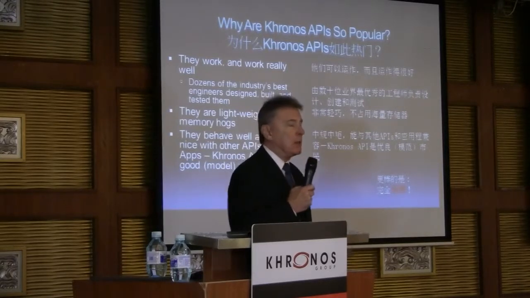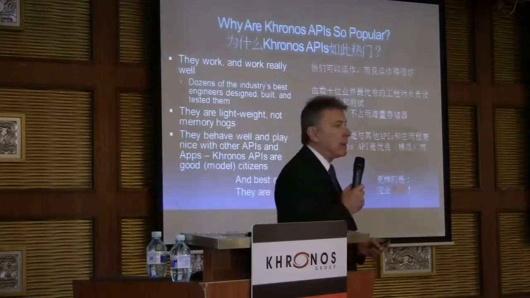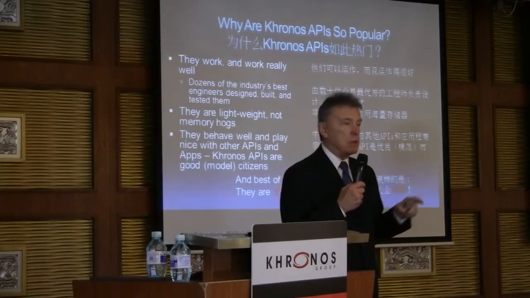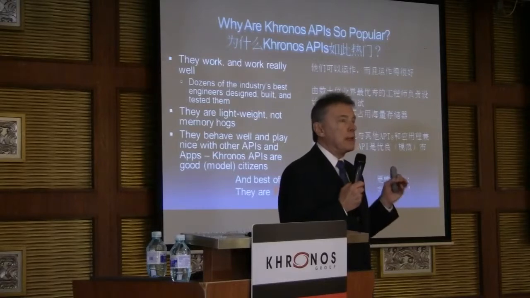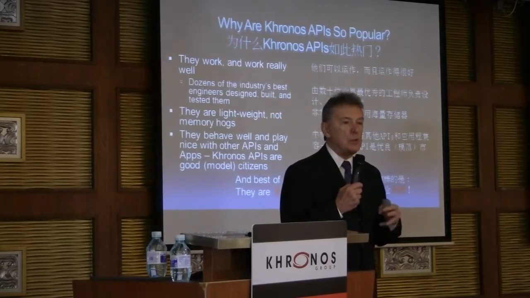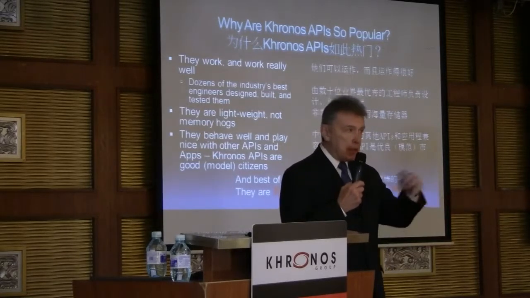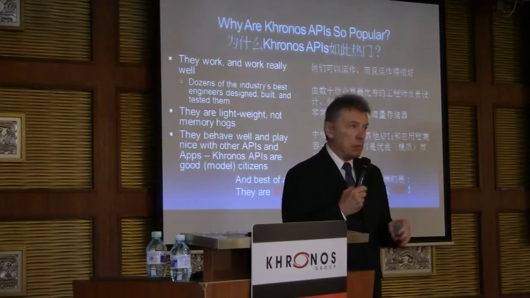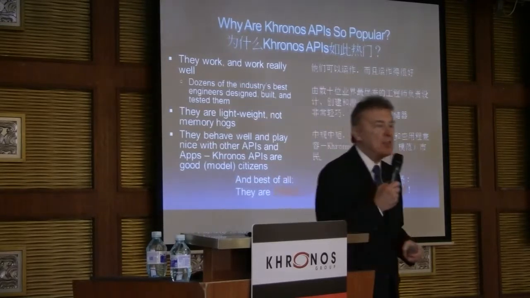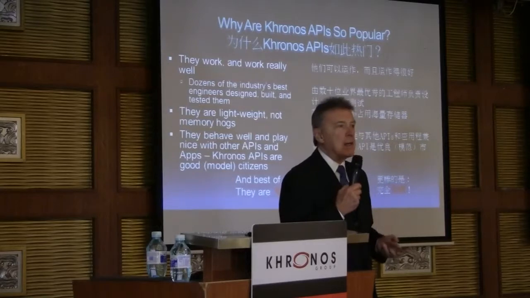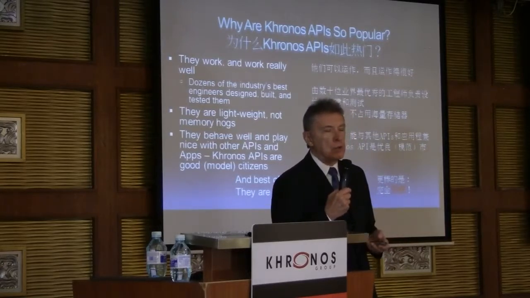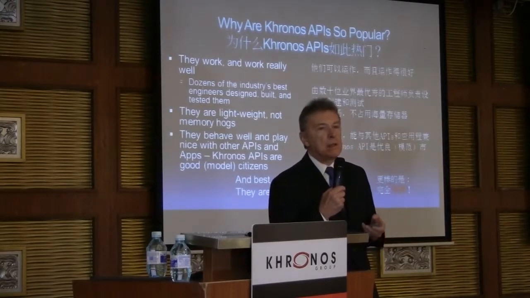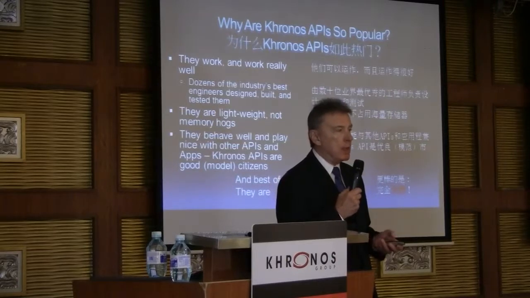What's the magic? And the magic is, it's the way the organization works. The organization invites its members to come to meetings, and they meet in rooms just like this, some a little bit smaller than this, and they discuss all of the issues that are involved in the specification for an API.